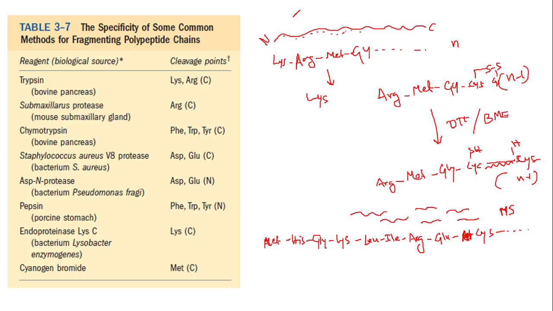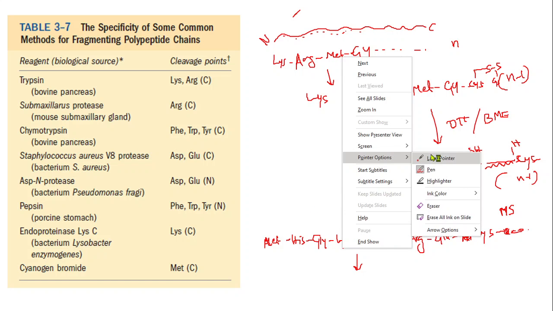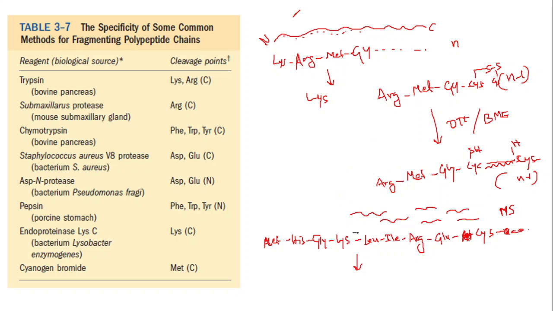Okay, so this is the C terminal amino acid, the last one. Once you do the trypsin digest on this, this is how it's going to look. It is going to cut wherever there is a lysine or arginine present. So it's going to cut here, and here, producing peptides where the lysine or arginine is at the C terminus.